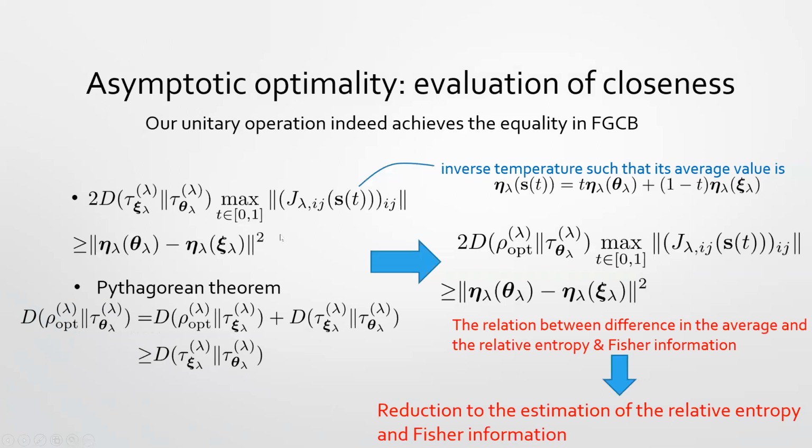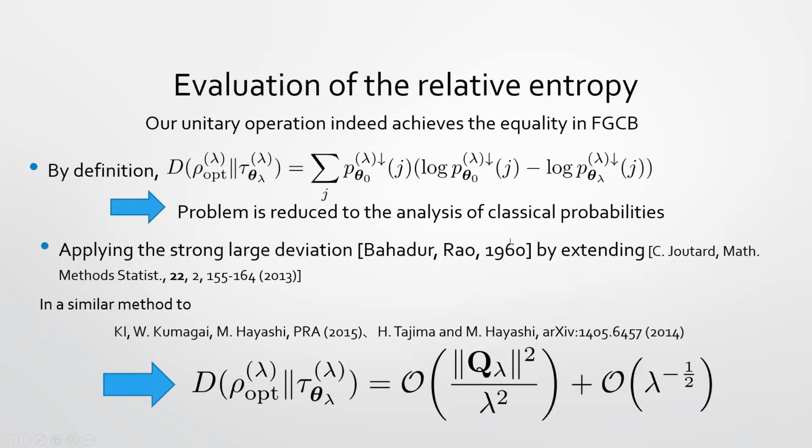So using this lower bound, we can finally obtain this difference of the expectation value in this way. So then this one is quite small. So finally, yes, we could prove that this quantity is equal to this one.